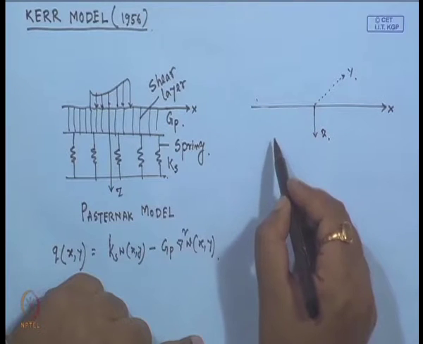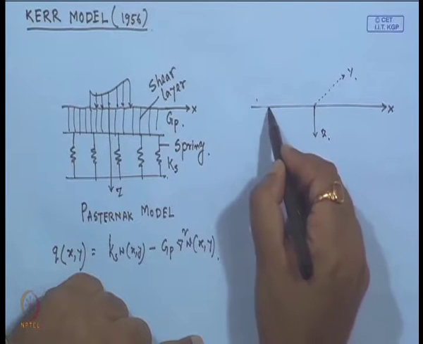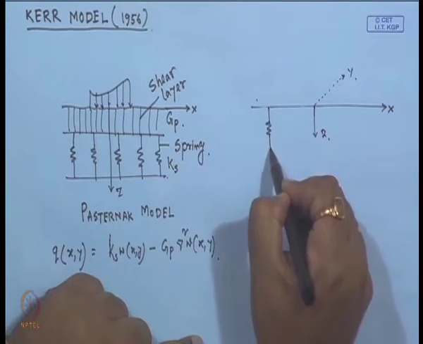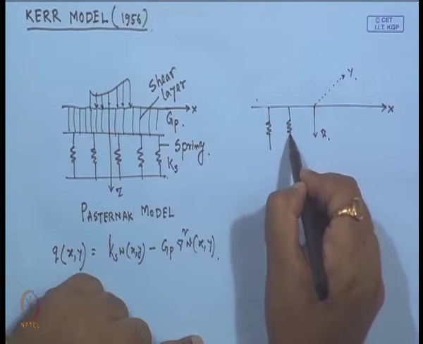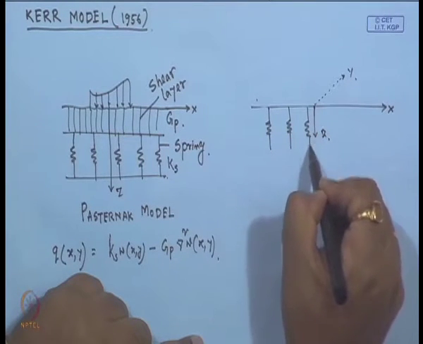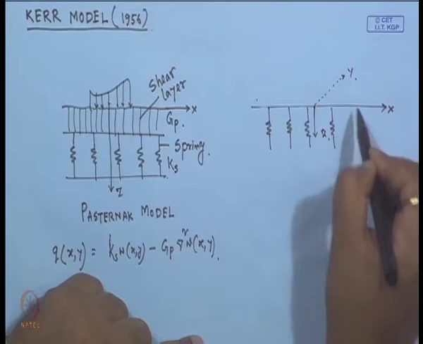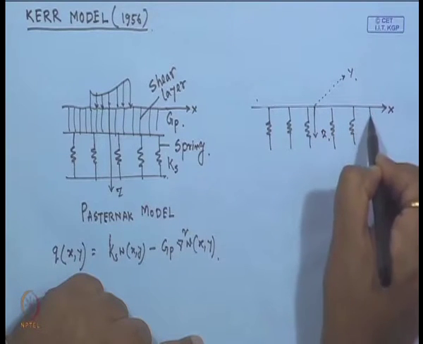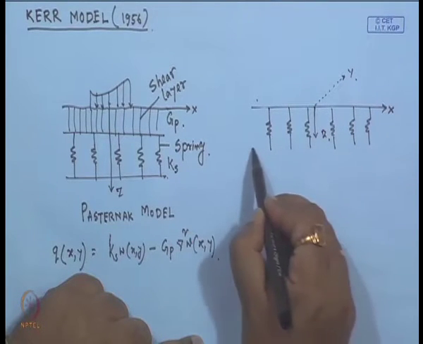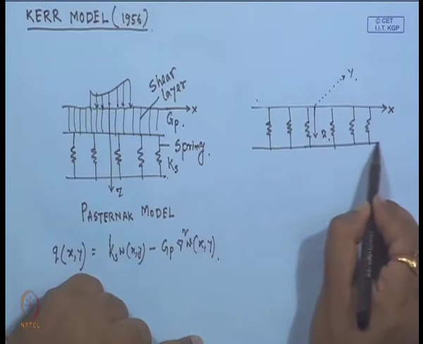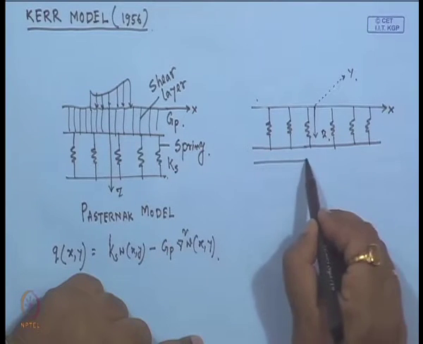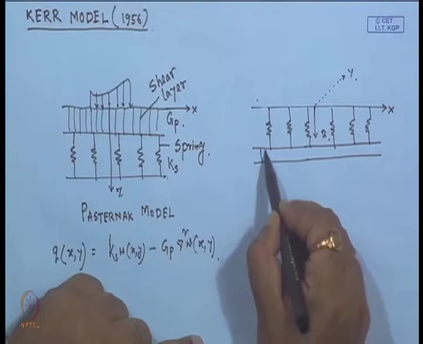First the soil is idealized by these springs, and then this shear layer is placed in between two springs.